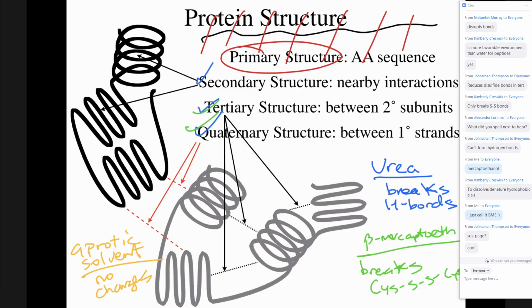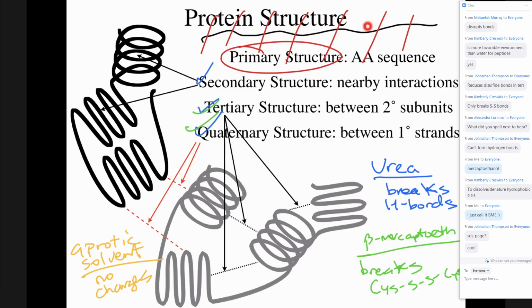Yeah, you're absolutely right. The question is, this means no charge, so no H bonding? Exactly. It won't H bond with it, which makes urea bind this even more tightly and makes it not fold back on itself. And it's still going to be polar. It's going to be a polar compound, but it's not going to interfere with the H bonding. So urea is going to be the only thing H bonding the structure.